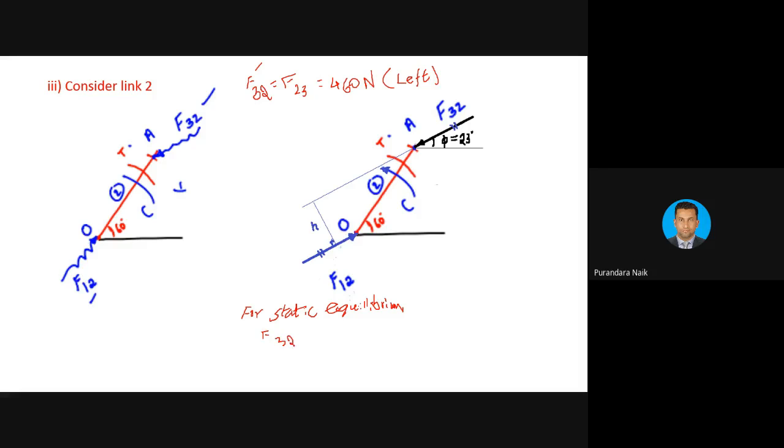F32 and F12 are parallel, that is the first condition. Parallel, equal and opposite. Equal and opposite.